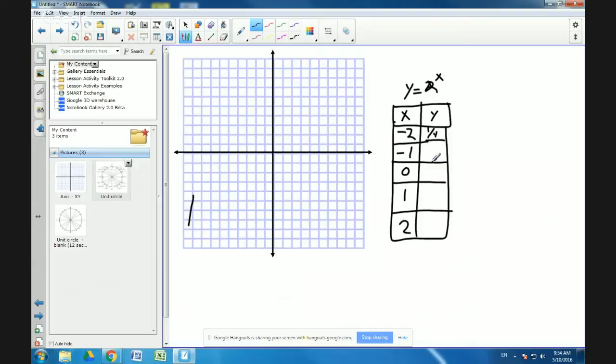1/4, 1/2, 1, 2, and 4. As you can see, it will not cross the x-axis and will hit at 1 every time the exponent goes to 0.